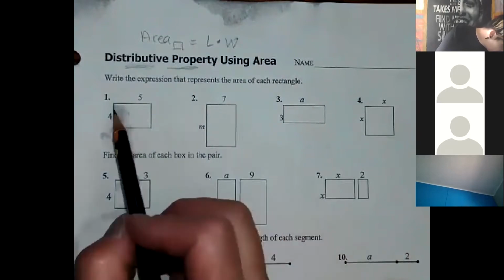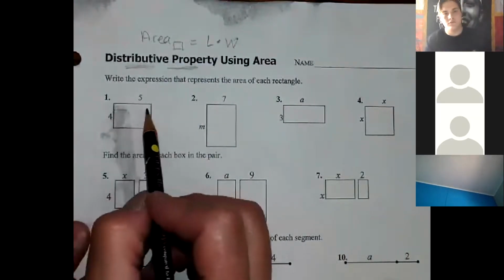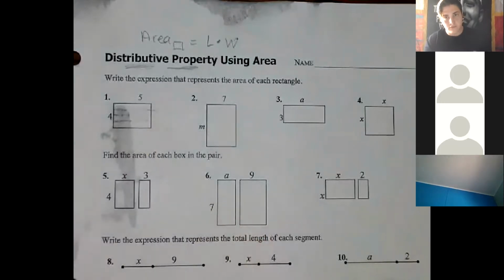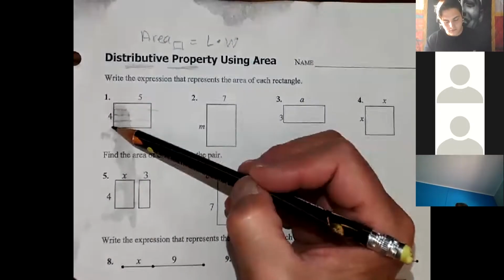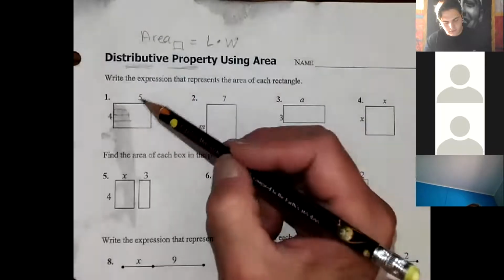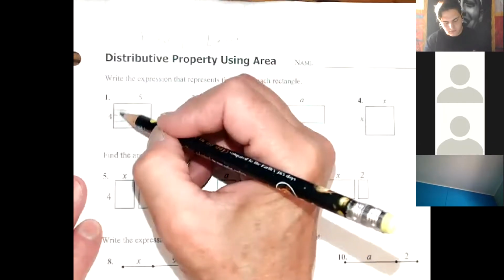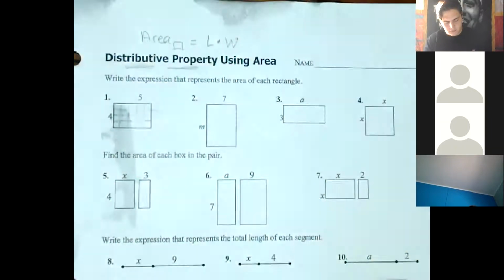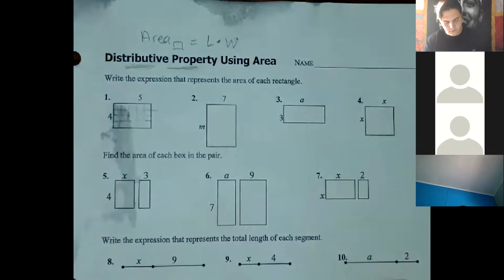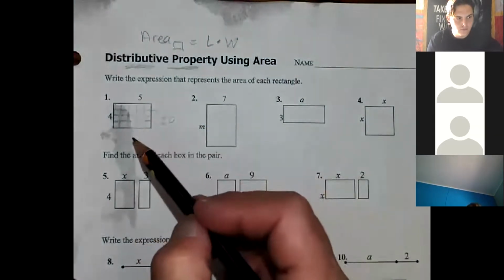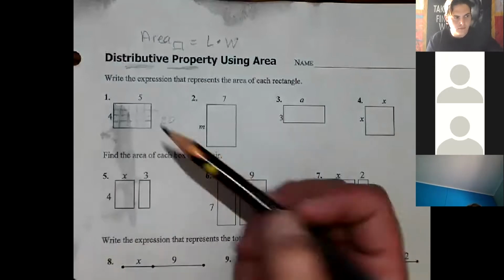This rectangle has a width of 4, so I show it as 4 rows, and a length of 5, so 5 columns. When we go through and count the little squares, it's 20. And you don't want to have to count each time. You just multiply 4 by 5.